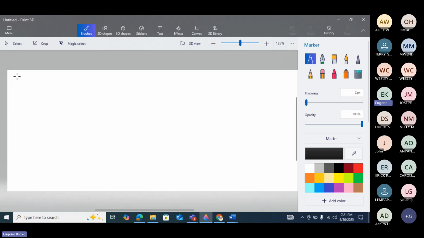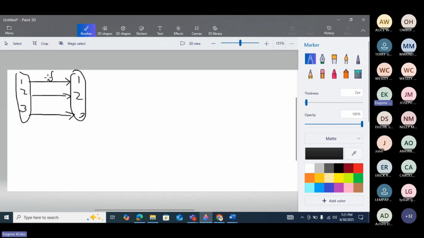An identity function is a function in which every element is mapped to itself. If it is 1, it is mapped to 1. If it is 2, it is mapped to 2. If it is 3, it is mapped to 3. If it is W, it is mapped to W. We call that one an identity function.